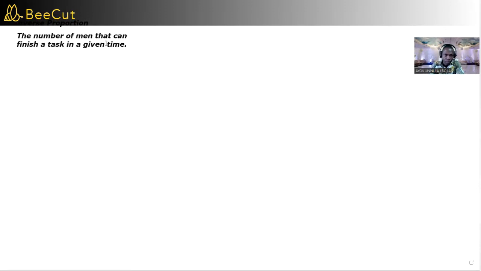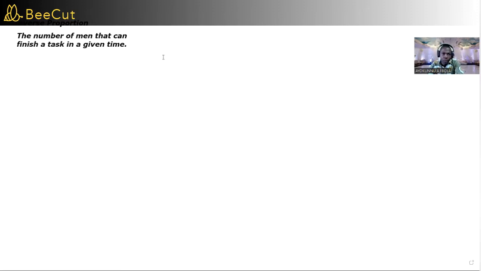For example, if only one student is to sweep one class, it's going to take him maybe a particular number of minutes. But if that student is going to sweep 10 classrooms, it's going to be more. So the time varies.